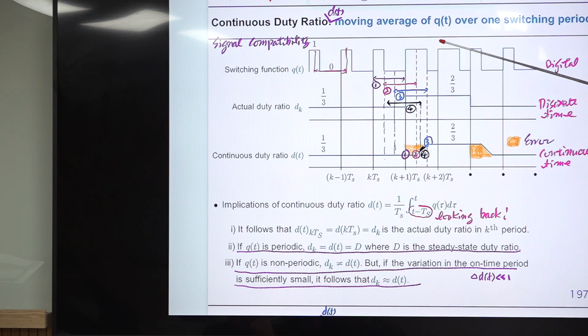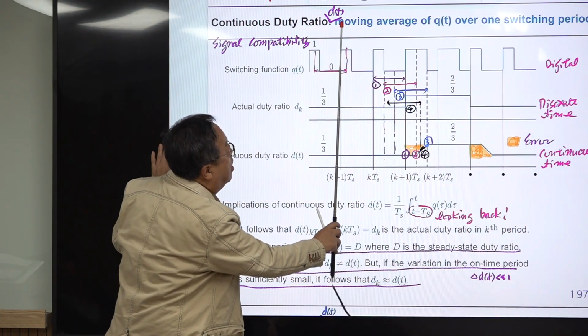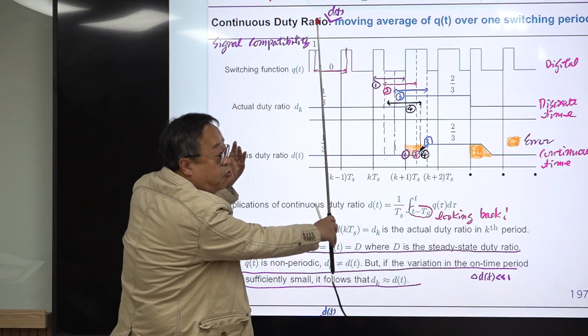So we have 3 different signals associated with PWM waveforms. This is the switching function, the actual duty ratio. This is a continuous duty ratio, a continuous waveform. Everything is continuous, so we will be using this. When the duty ratio is evaluated at this point, we are always looking back.